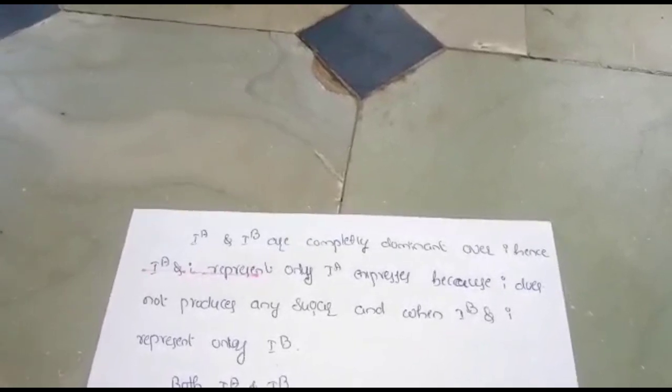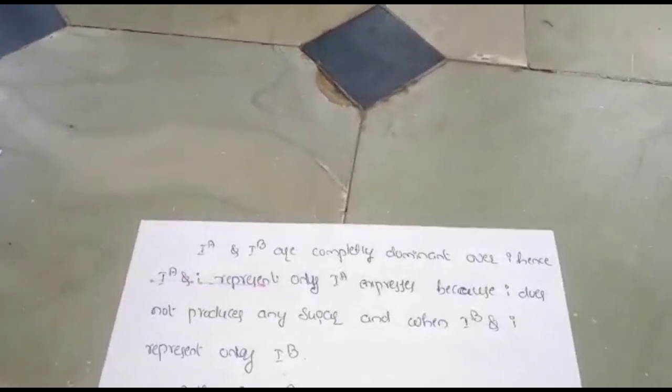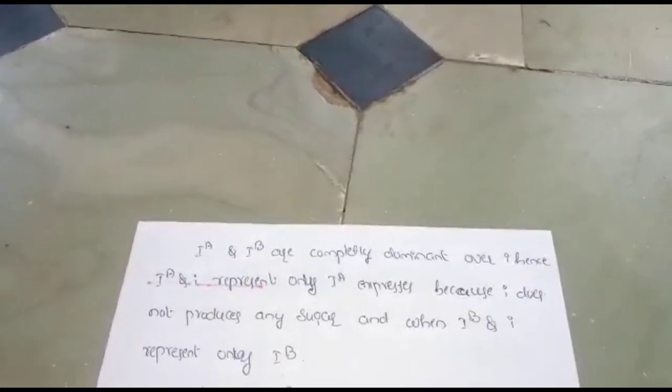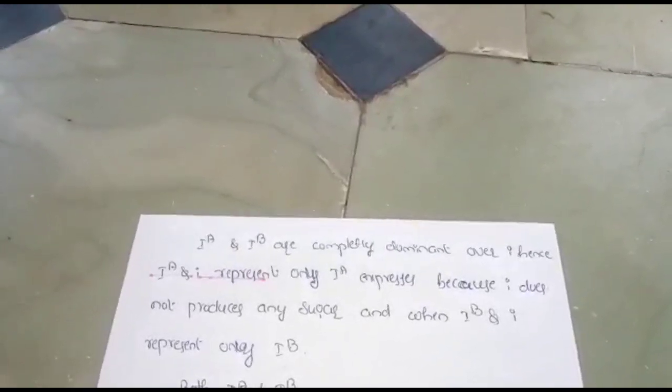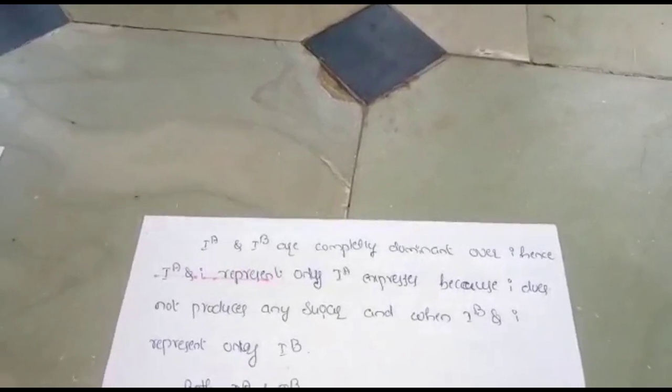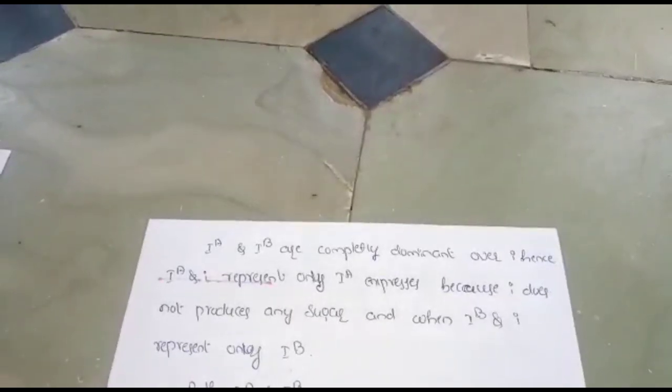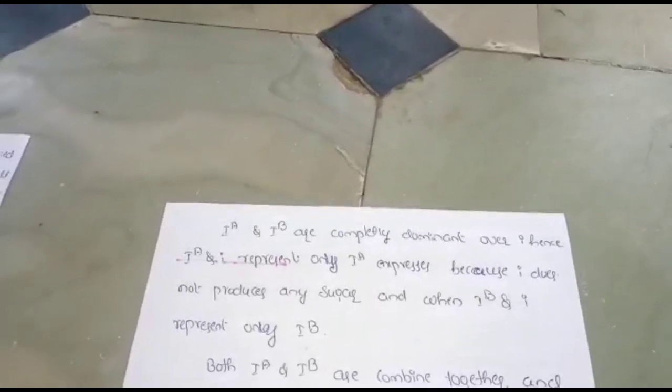Already we explained that small i is recessive, so it only expresses IA. Similarly, with IB and small i, IB expresses its character, because small i does not produce any sugar molecules.